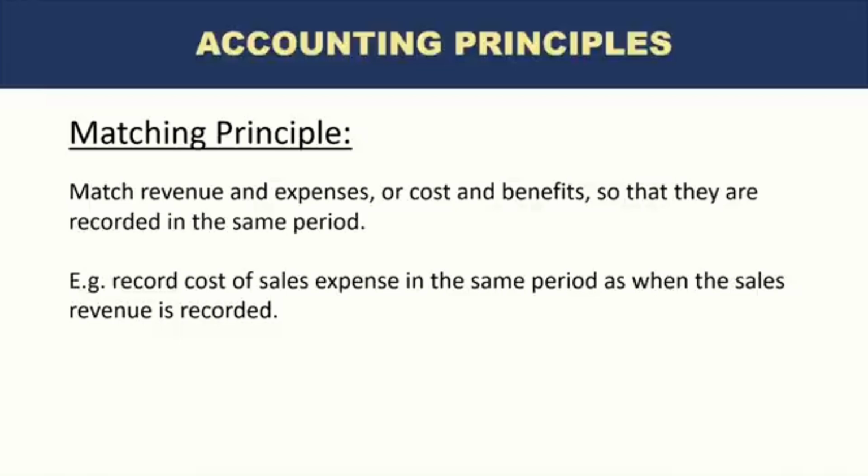And this is in accordance with matching principle because we want to reflect the cost of sales in the same month as the sales is recorded. So as soon as we record the revenue or sales, which is the amount received from customers for those mobile phones, in that month or in that period, we will record the cost of sales as well. So this is what is matching principle.